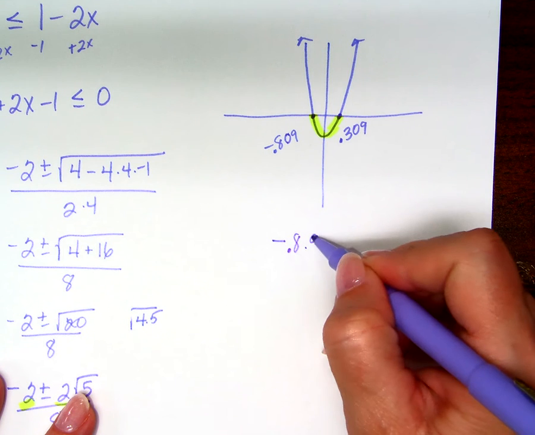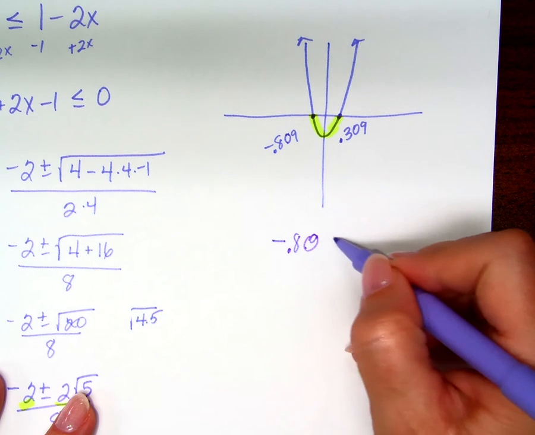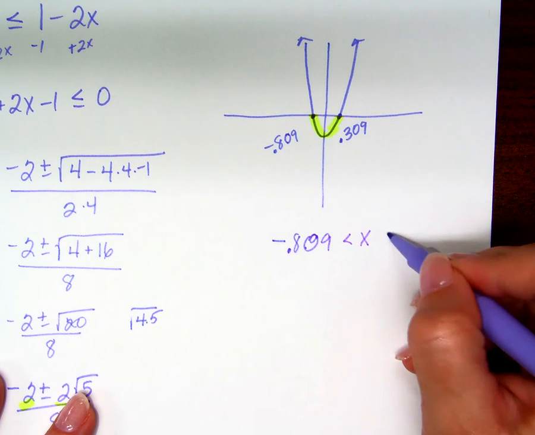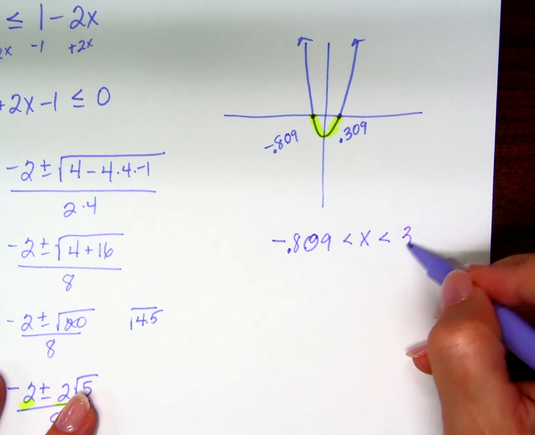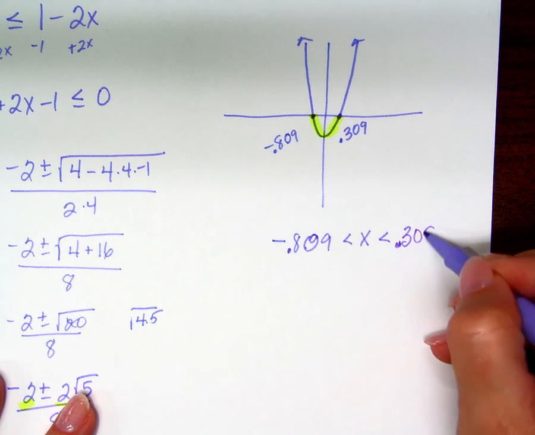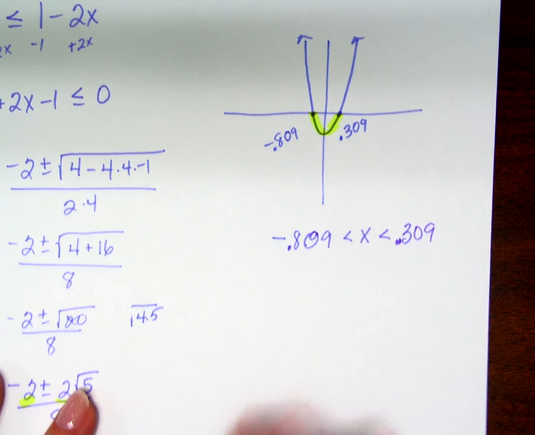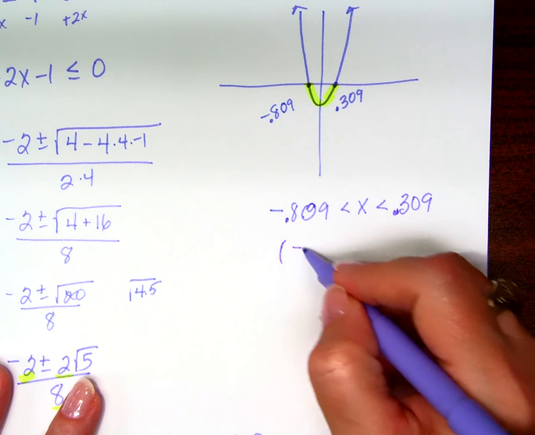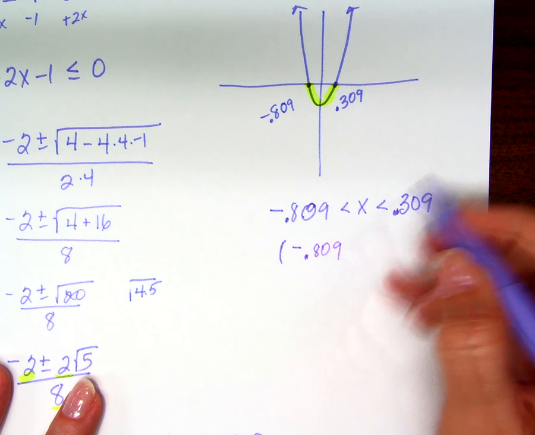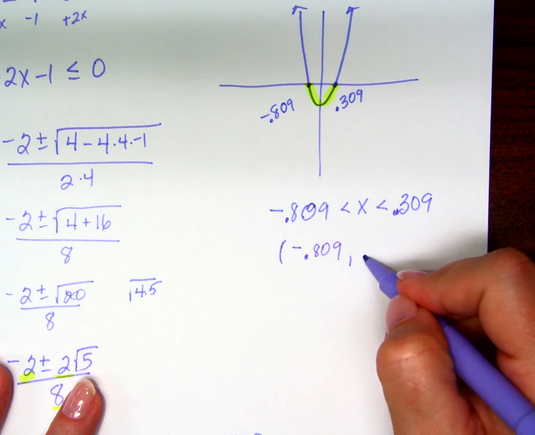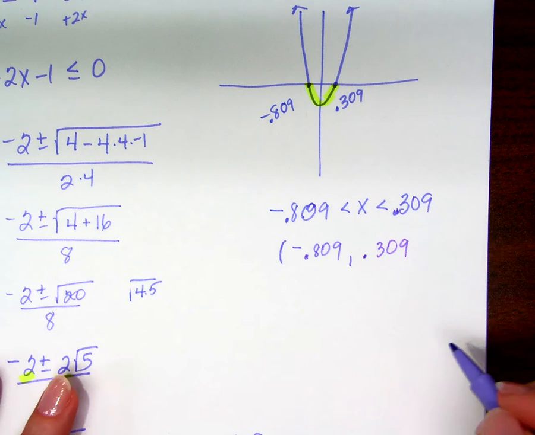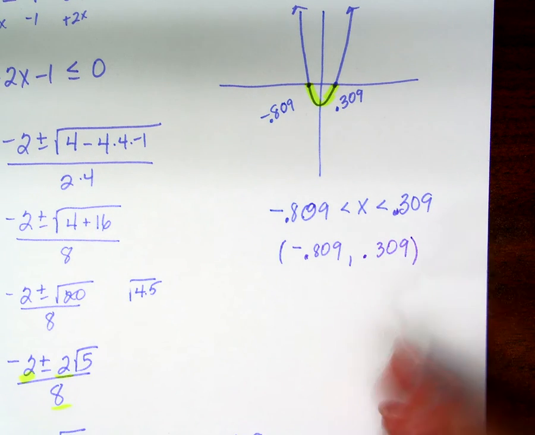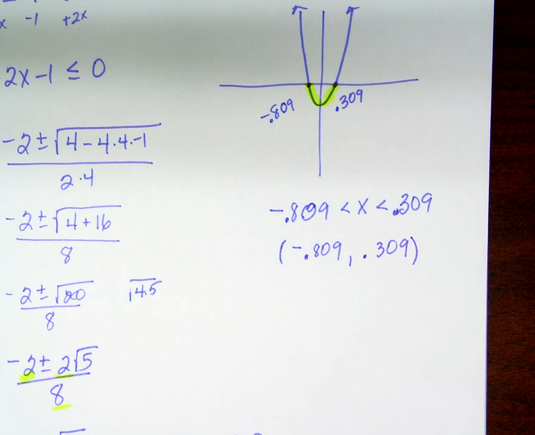Oh, why do I keep doing that? -0.809 is less than x is less than 0.309. So that's inequality notation. In interval notation, it would just be -0.809 to 0.309. Except I did mess up. Can you tell me where I messed up this time?